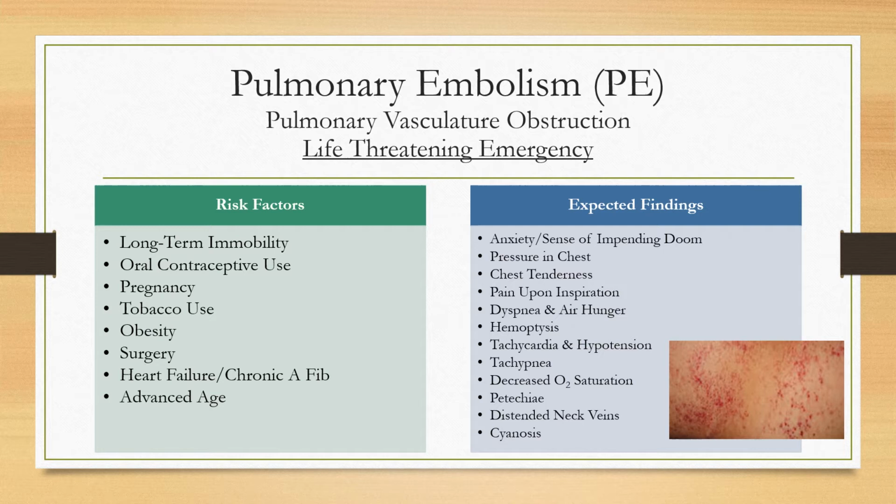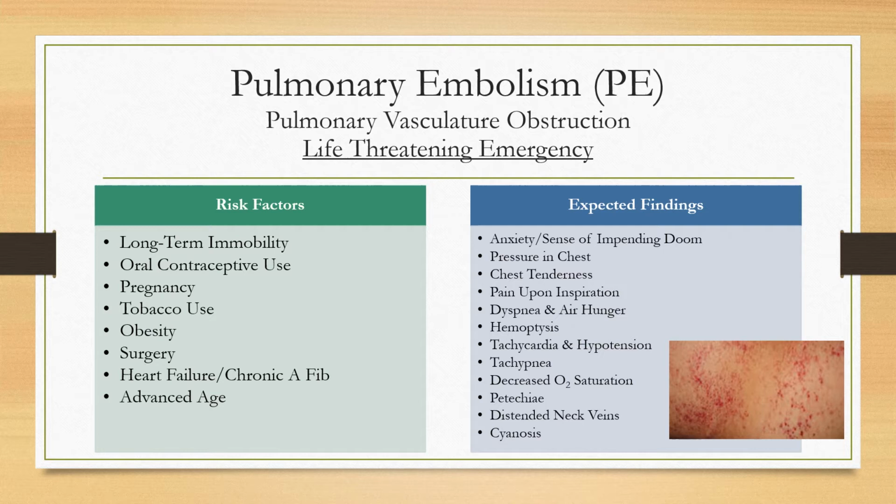Okay, so let's look at the expected findings. And let's just think about this for a minute before we go through all these. So someone has a DVT and a piece breaks off and travels to the lung. That's going to be a pretty sudden event. Okay, so most people that we see have the sudden onset of shortness of breath, pleuritic chest pain, meaning when I take a breath, it really hurts in my chest because it's stretching the pleura that's been damaged from the blood clot.